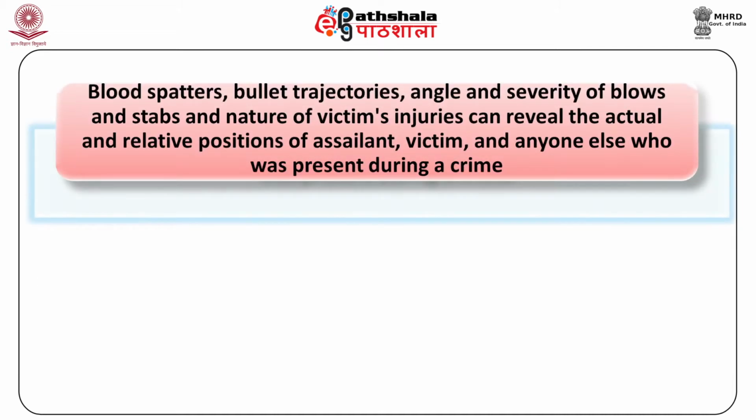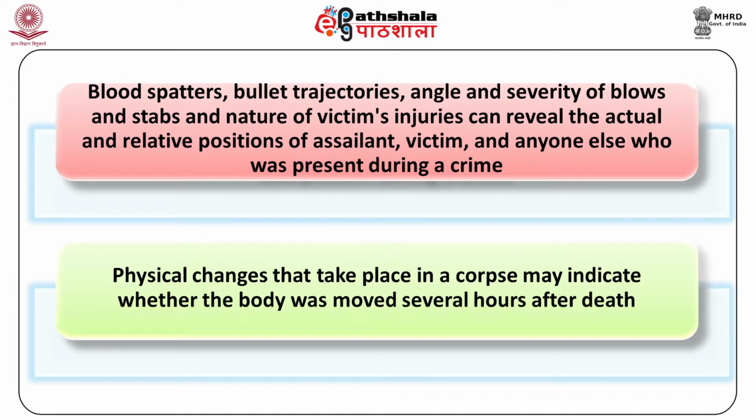Next, blood spatters, bullet trajectories, the angle and severity of blows and stabs and the nature of the victim's injury can reveal the actual and relative positions of the assailant, victim and anyone else who was present during the crime. Next, the physical changes that take place in a corpse may indicate whether the body was moved several hours after death.